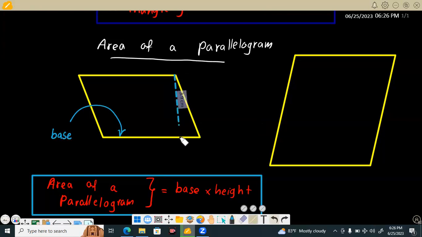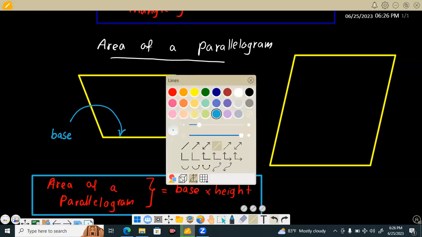Then you have to check. You can see that the vertex that is in front of this one is this. Then the perpendicular which is drawn from the opposite vertex to the considered base is called the perpendicular height.